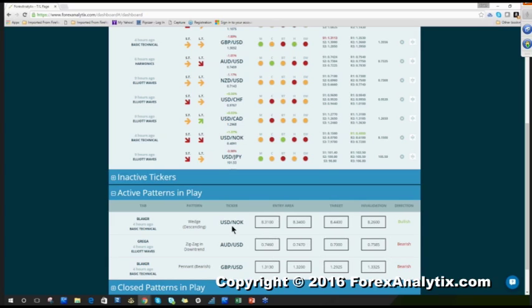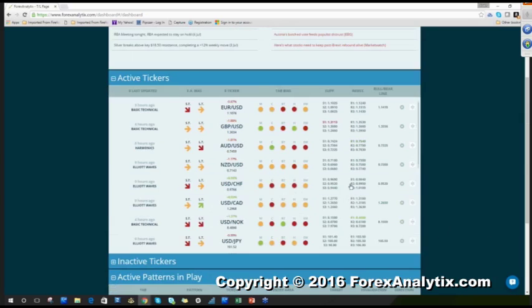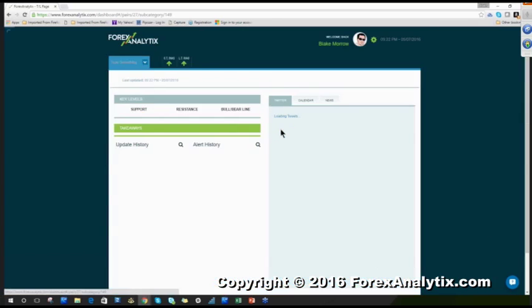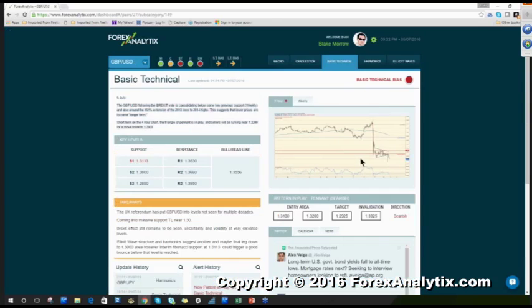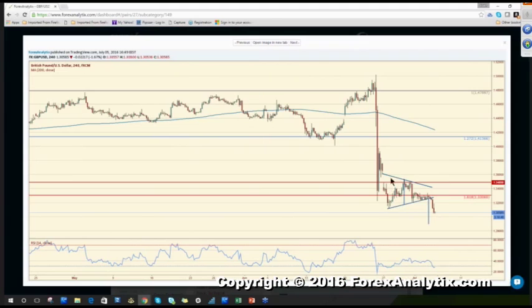So if you go to the pound dollar, and I'm going to just use this as my example today, and I want to go to basic technical analysis, and it's basically a triangle pattern with a target that points at basically to 129, a minimum target with a triangle.